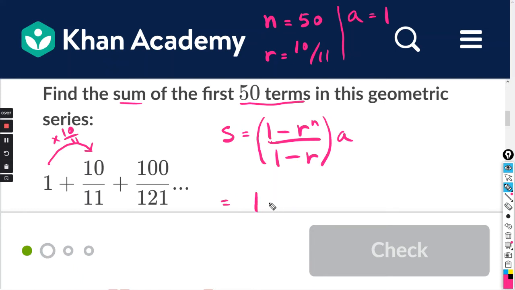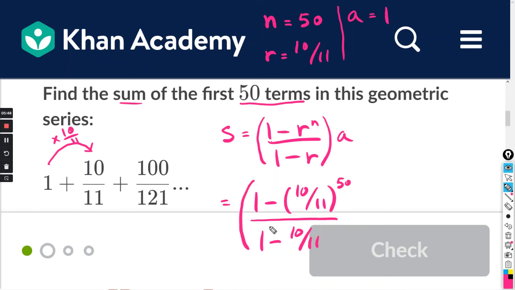So that's going to be 1 minus r, which is 10 over 11, to the power of 50, divided by 1 minus r. And this whole fraction is going to be multiplied by the first term a, which is just 1.